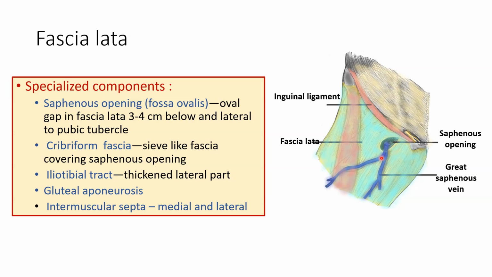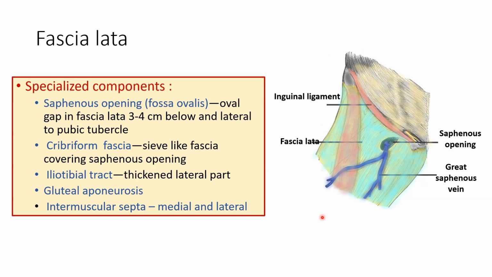That's what you are seeing in this picture, the great saphenous vein passing through the saphenous opening and piercing the cribriform fascia to join the femoral vein. So you will learn about cribriform fascia in a separate discussion.